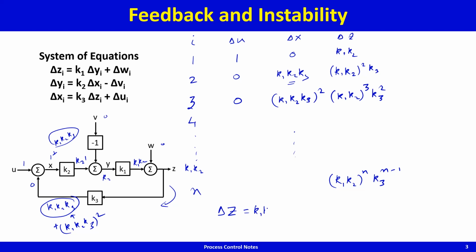If I take k1 k2 common, it's going to be 1 plus k1 k2 k3 plus (k1 k2 k3) to the power 2 plus, and so on, up to (k1 k2 k3) to the power n minus 1.